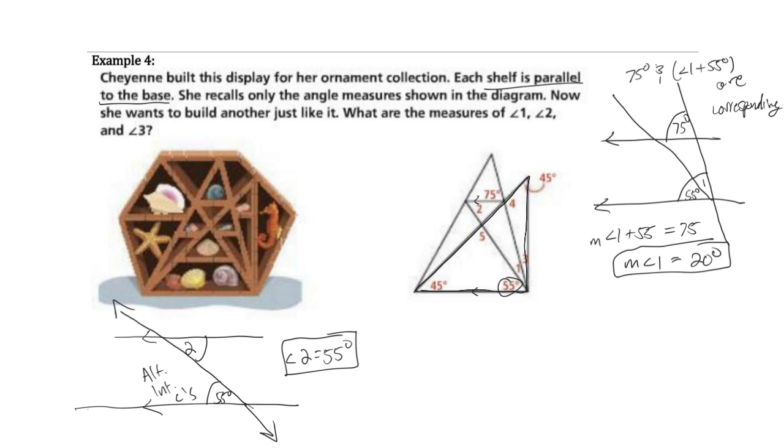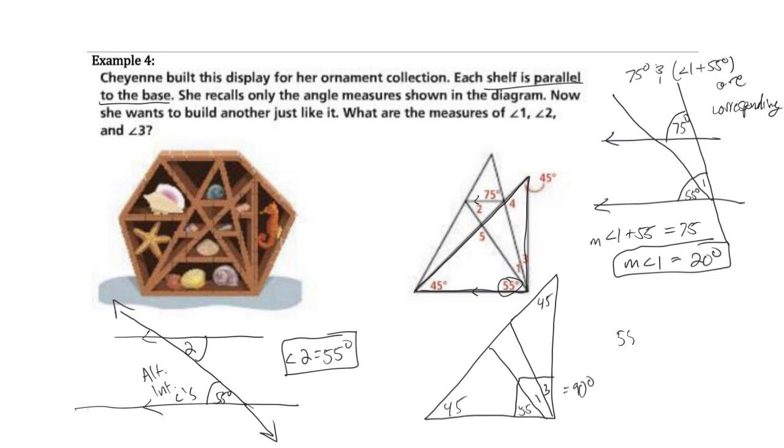If we take out this triangle, we have 45, we have 45, and then we have technically a 55, a 1, and a 3. So I just pulled out that triangle. Now, we should know that this whole angle equals 90 degrees, because 45 plus 45 is 90, and then the 3 angles of a triangle equal 180.